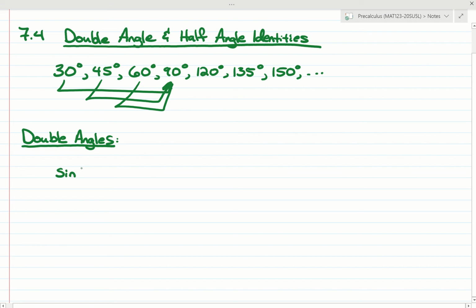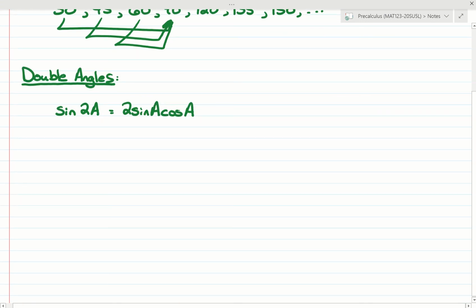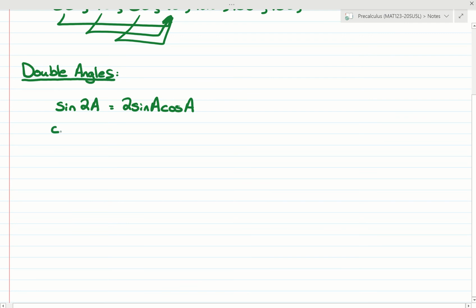The sine of a double angle, 2 times an angle, is equal to 2 times the sine of A times the cosine of A. The cosine of a double angle is equal to the cosine squared of A minus the sine squared of A. Now from here we could actually use the Pythagorean identity that sine squared plus cosine squared is 1.